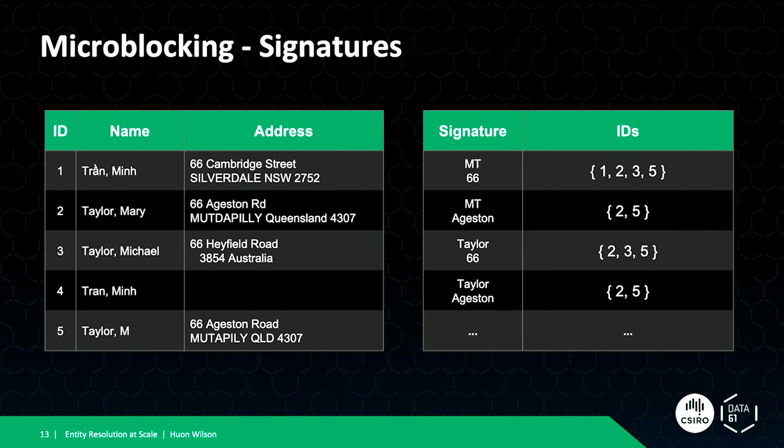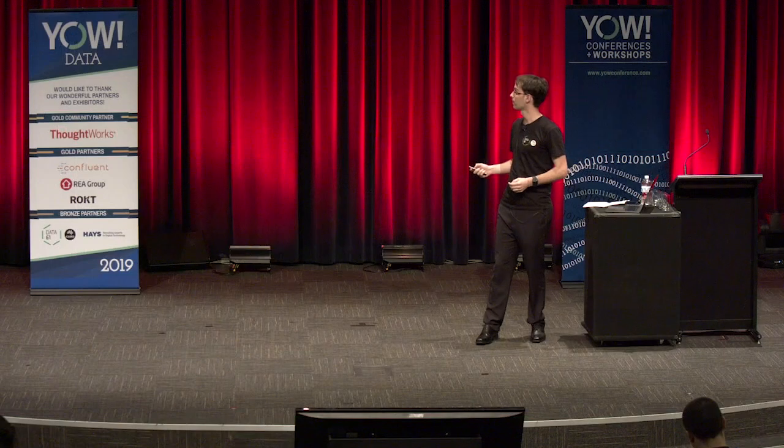However, I'm sure you could guess that there's going to be some of these candidate signatures that are really common. There's probably going to be a lot of people who live in New South Wales with the last name Smith. So Smith, New South Wales, as a candidate signature, is going to have potentially millions of records.